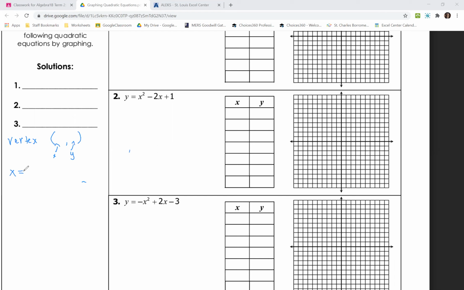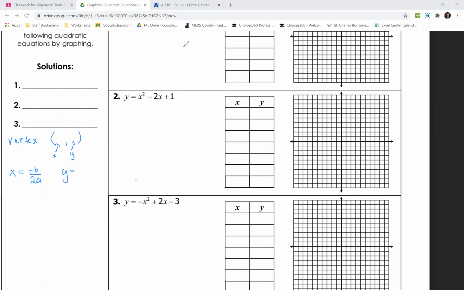And when your quadratic is written in standard form, it's going to be negative b all over 2a. Once you find your x value, for your y value, all you have to do is plug this number into your equation. So how do we write that in mathematics?